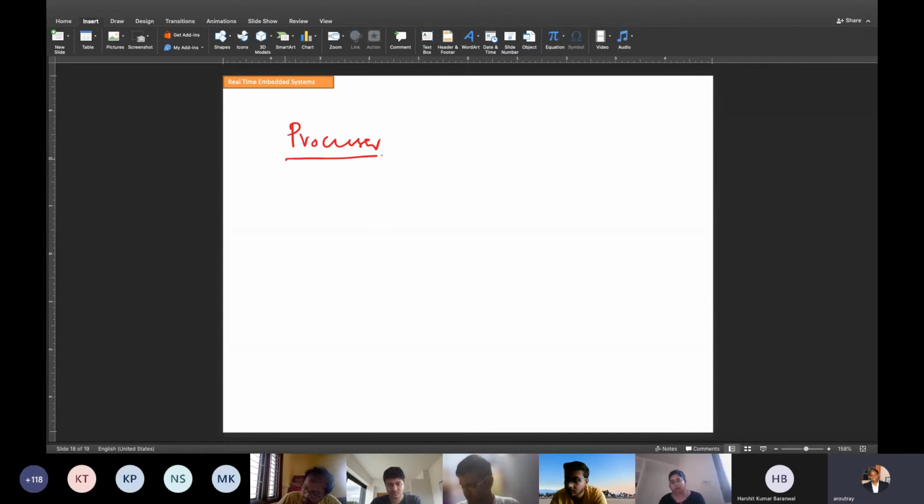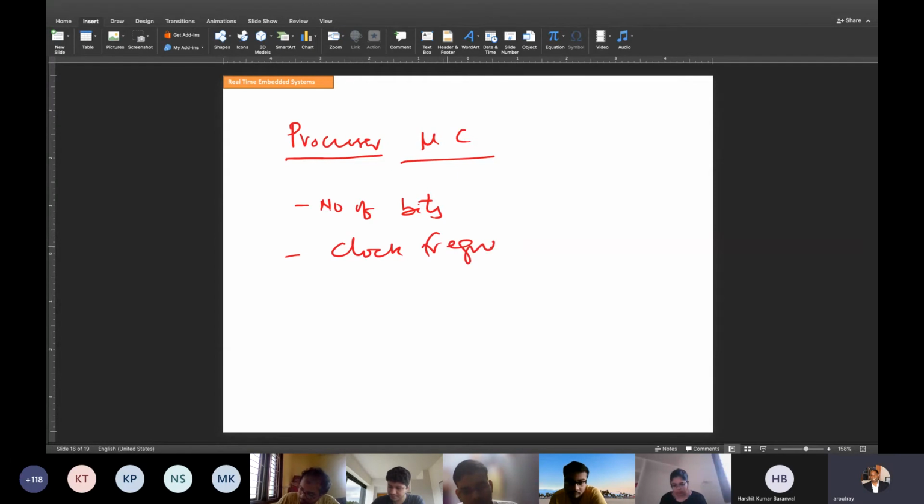So when I talk about a processor or microcontroller, what are the different things you are looking at? You are looking at the number of bits. Then you are looking at the clock frequency. Remember, these are specifications of a processor.